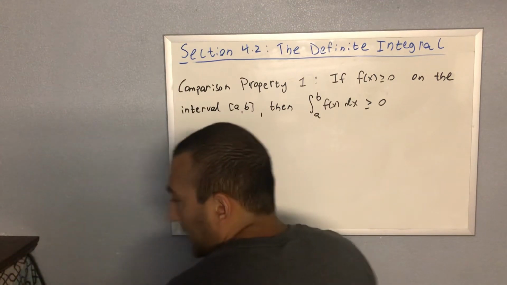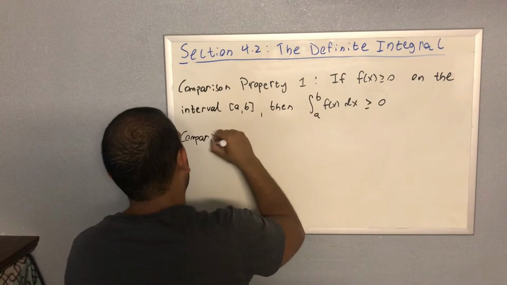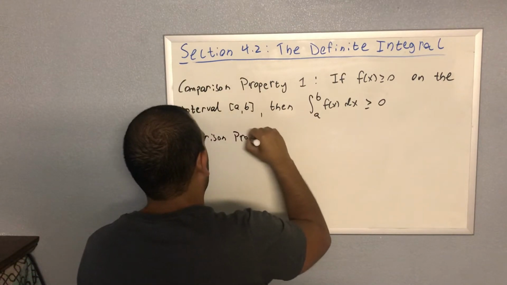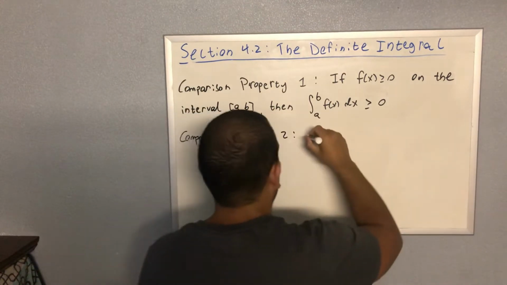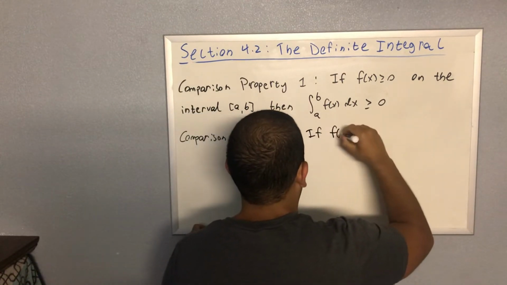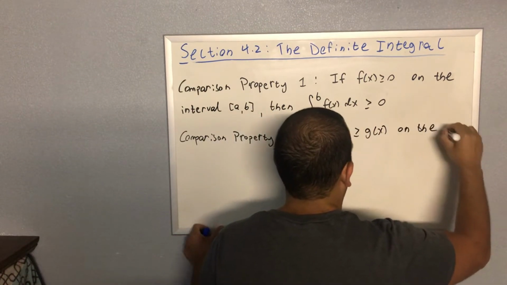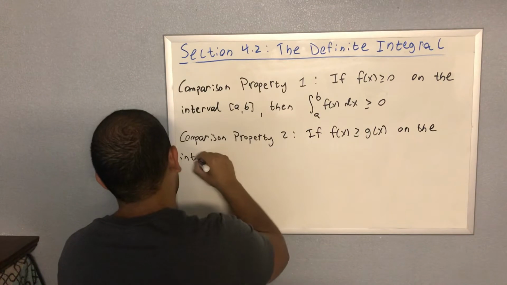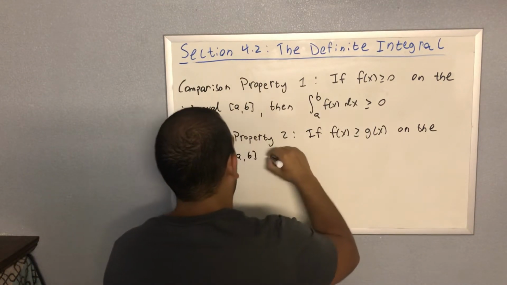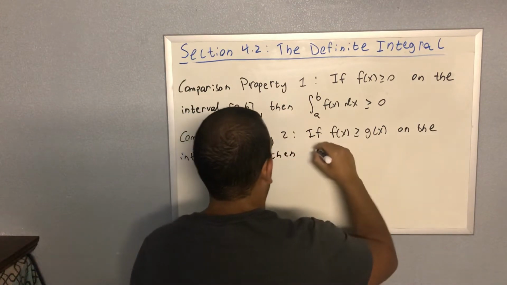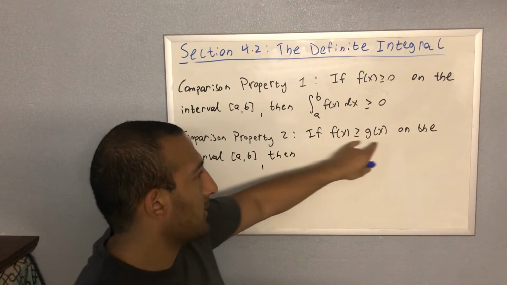Then there's also comparison property 2. And then this says, so this means that your function is always on top of the other one.